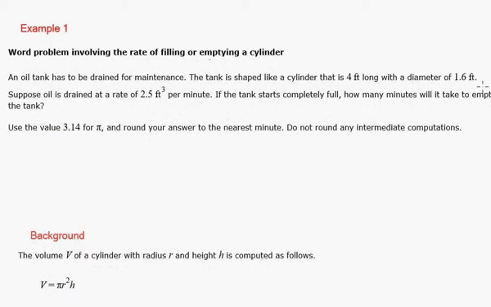What we're going to do with this video is look at a word problem that involves either filling or emptying a cylinder. In this particular case we have an oil tank that needs to be drained. Think of it as looking like a cylinder. I remember seeing these when I was a kid.